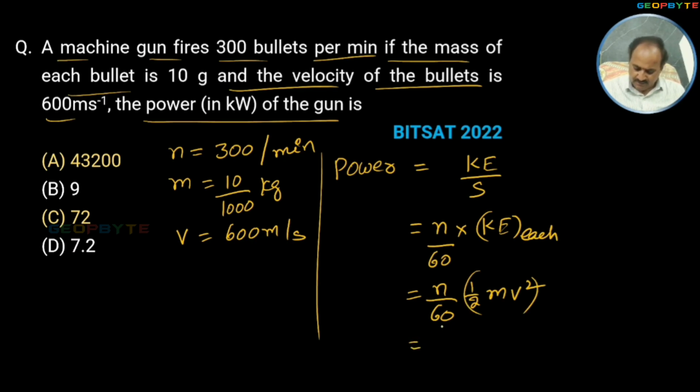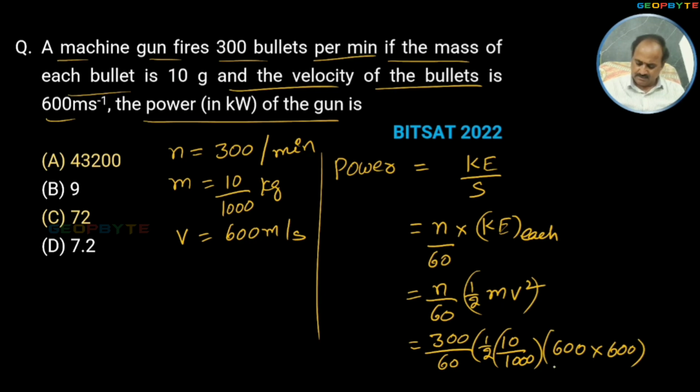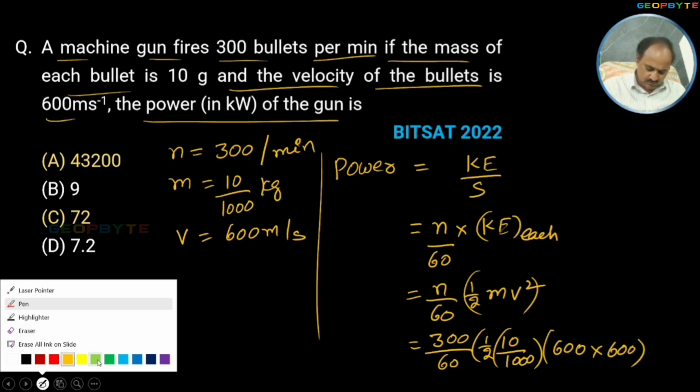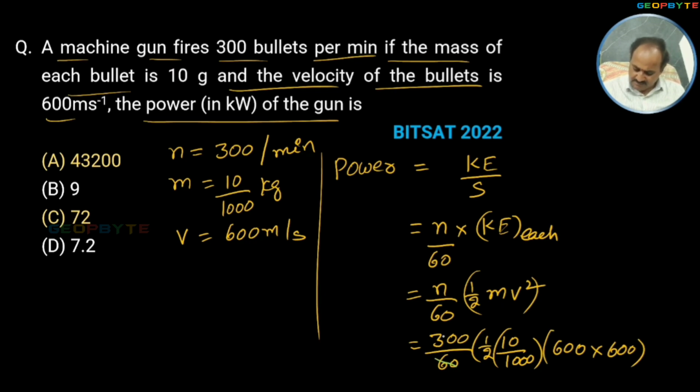Let us substitute here. N equals 300 divided by 60, into half, into mass of each bullet 10 by 1000, into v square. v equals 600. 600 square means I can write 600 into 600. Now you can cancel some quantities. 60 five times.